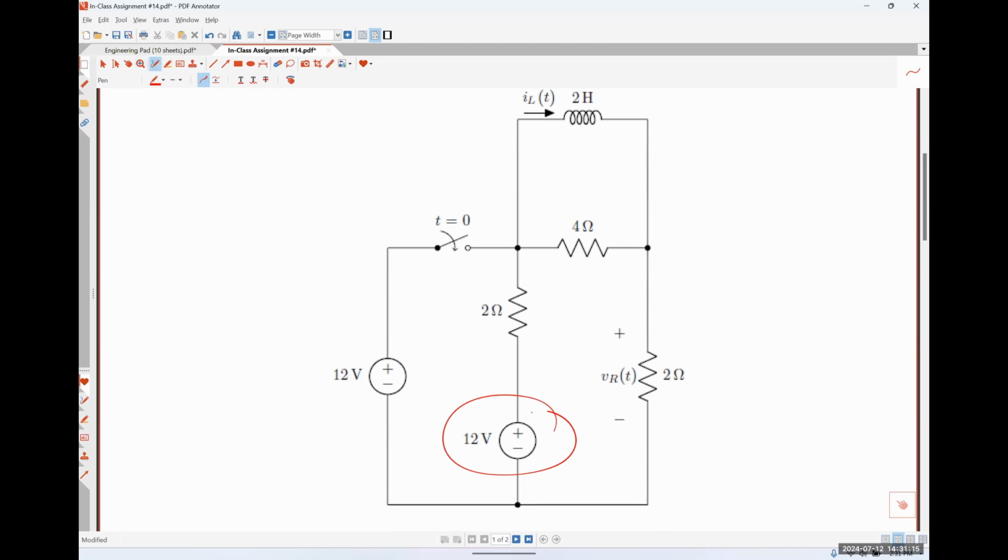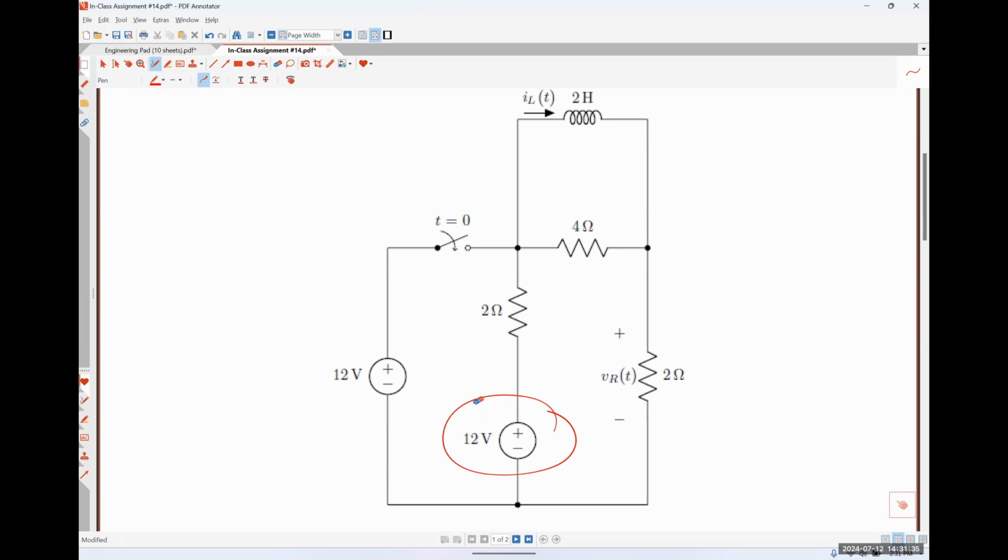So even if the switch opens, the 12-volt source is still connected. With the switch closing, the 12-volt source there is connected, and also this 12-volt source over here is connected. So either way that switch goes, this is going to be a total response problem, not a natural response problem.